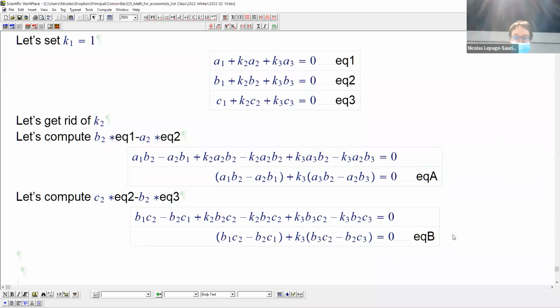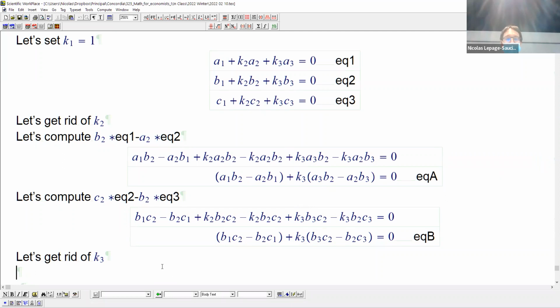So now let's get rid of K3. And what we can compute is exactly the same thing. So here we want to have a term in K3 that's exactly the same in both cases by multiplying with something and then adding the two together.